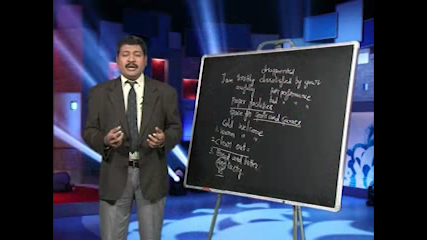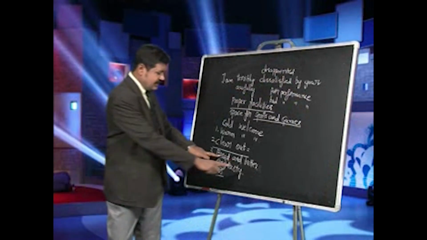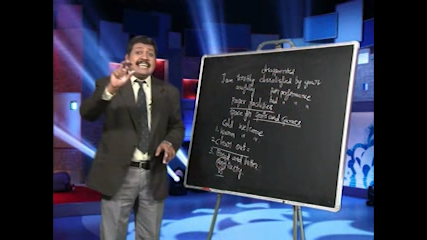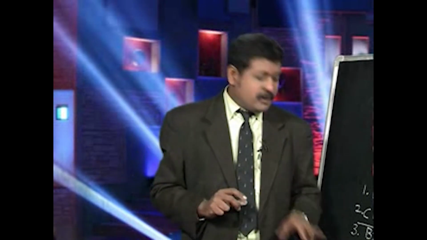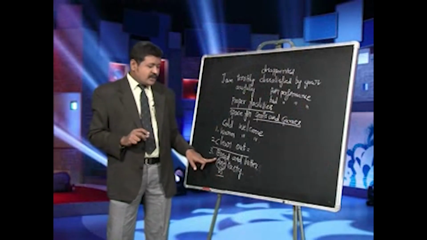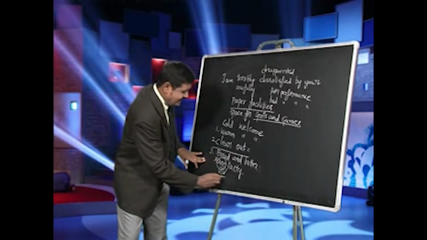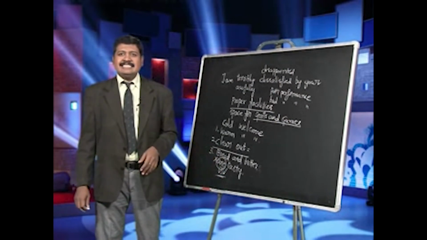Always say bread and butter is tasty, because these two words, bread and butter, represent one idea, that is tasty. That's the reason we should always use the verb in singular, not in plural. So never say are tasty, always say is tasty. Something like law and order is very bad.